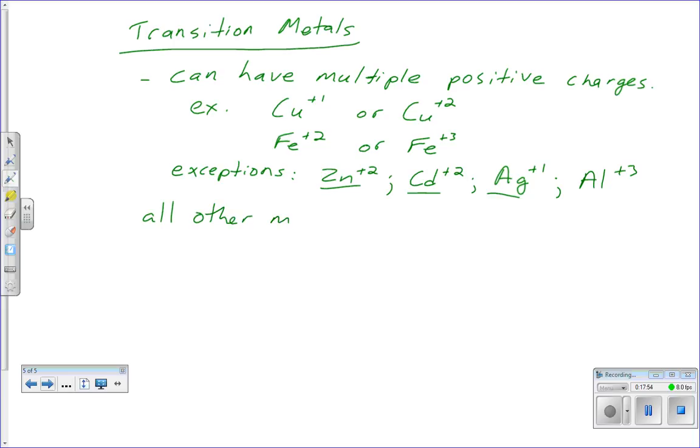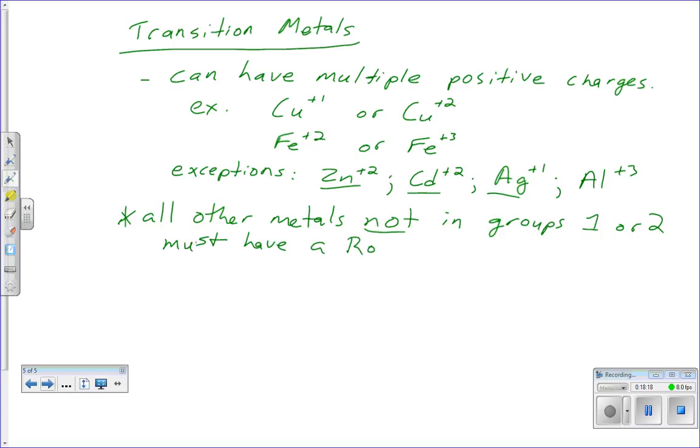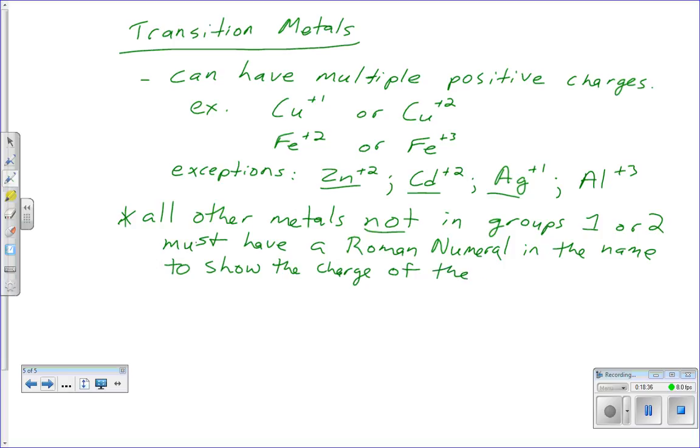All other metals not in groups 1 or 2 must have a Roman numeral in the name to show the charge of the metal.